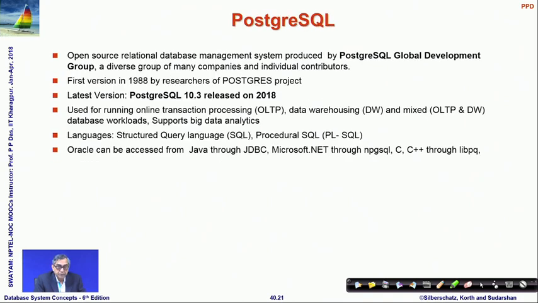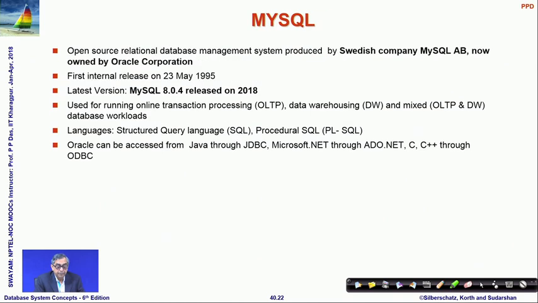And in terms of the free or open source GPL databases, Postgres started in 1988, about 30 years back, and as I said, it has a release even this year. So, it is a very vibrant system.